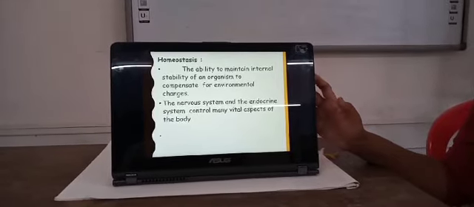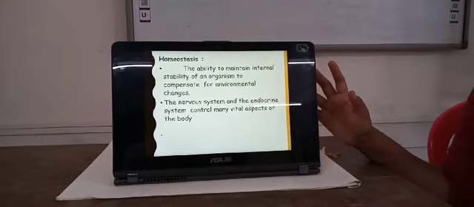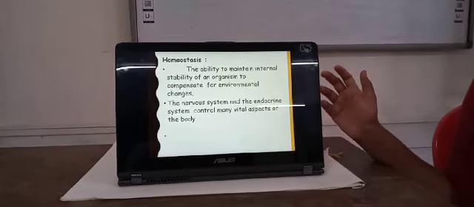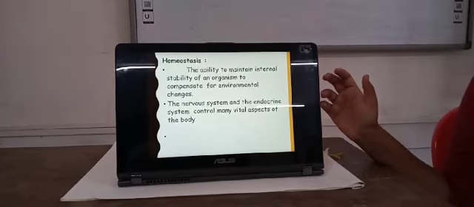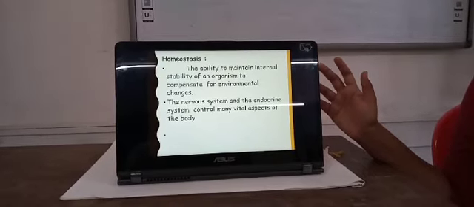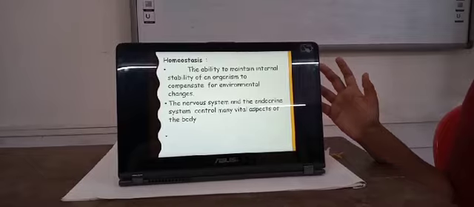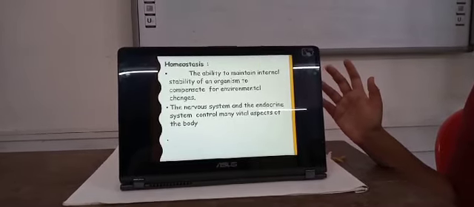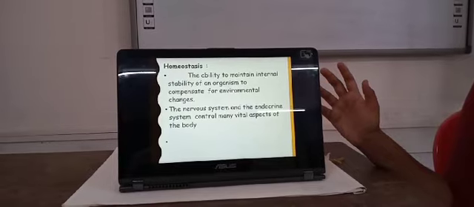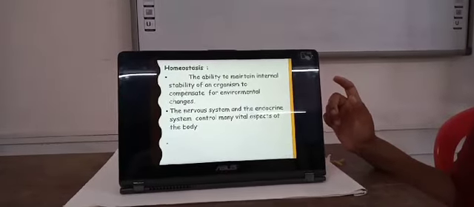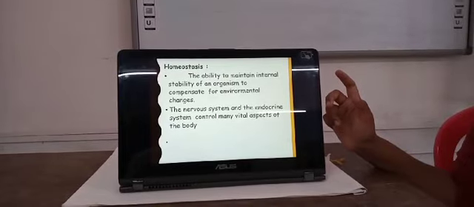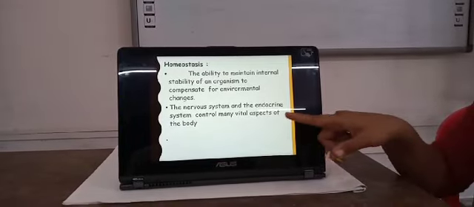So for example, when it is very hot outside, your body temperature is regulated, and when it is very cold outside, again your body doesn't get very cold, your temperature still maintains. So all these regulations are called homeostasis. The nervous system and the endocrine system control many vital aspects of the body.